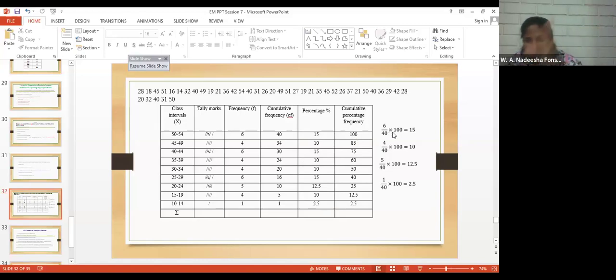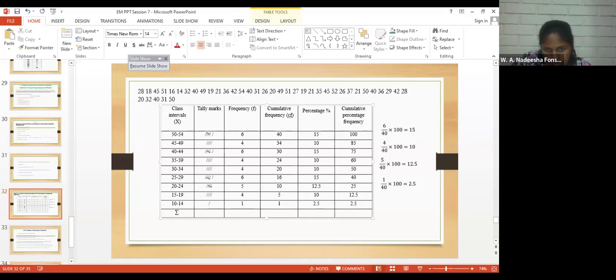Actually, for this example, it's okay. There are divisible numbers. No, if this is number 3 here, what happened? If the frequency is 3, then we find the percentage as 3 divided by 40 into 100.